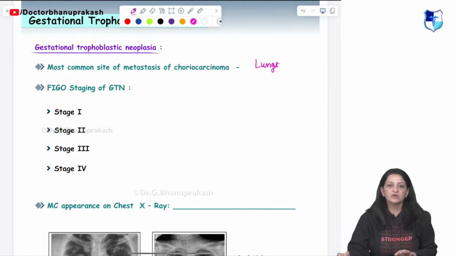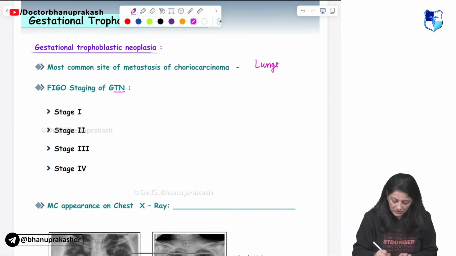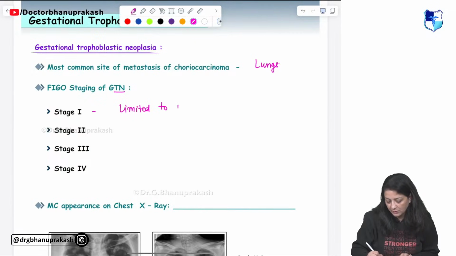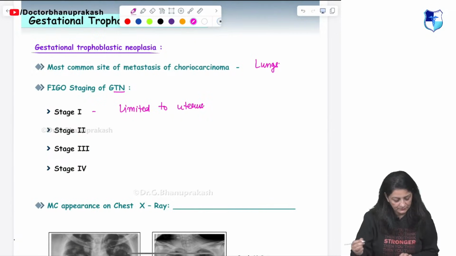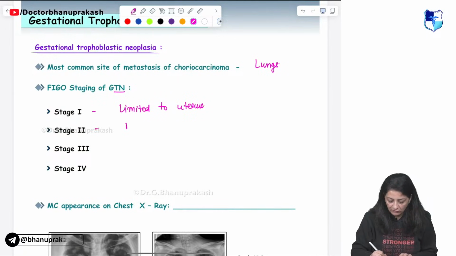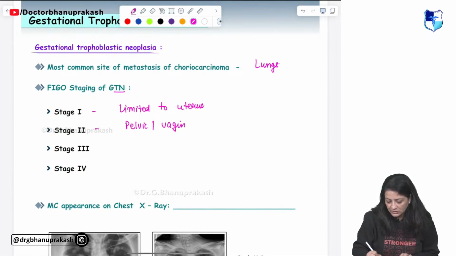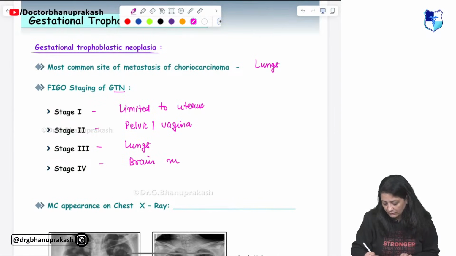FIGO staging of GTN. Stage 1 limited to uterus. Stage 2 involvement of pelvis and vagina. Stage 3 involvement of lungs. Stage 4 brain metastasis.